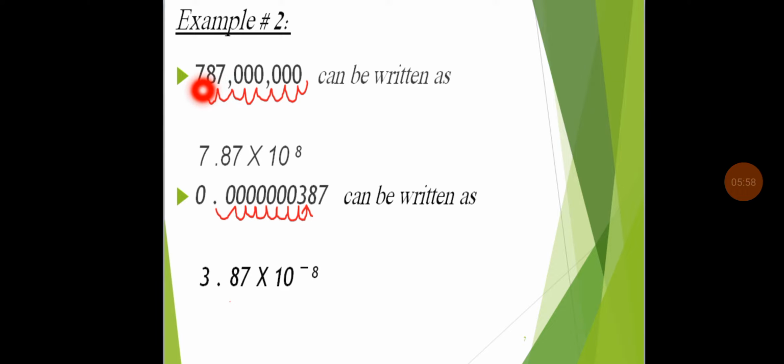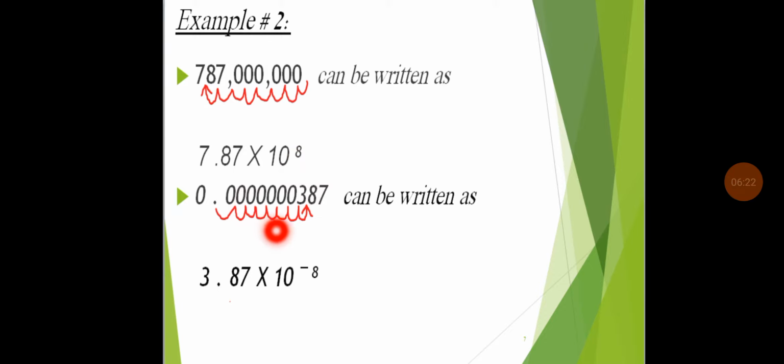We know that 7 is the first non-zero digit and our decimal will be shifted from right to left. So it will be placed after 8 digits, and our exponent will be 8. Our value will be 7.87 into 10 raised to power 8. So the exponent will be positive.